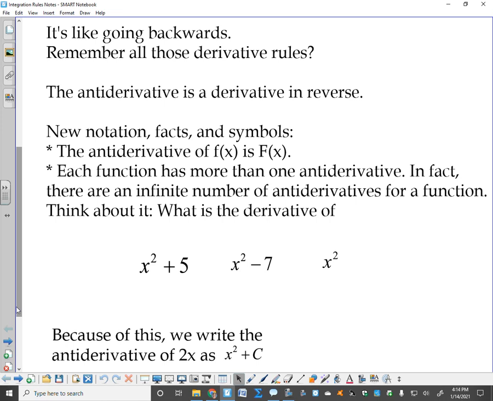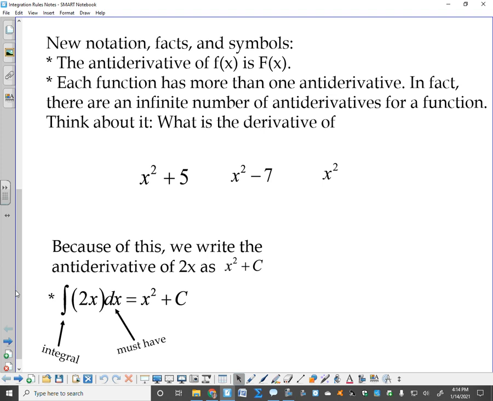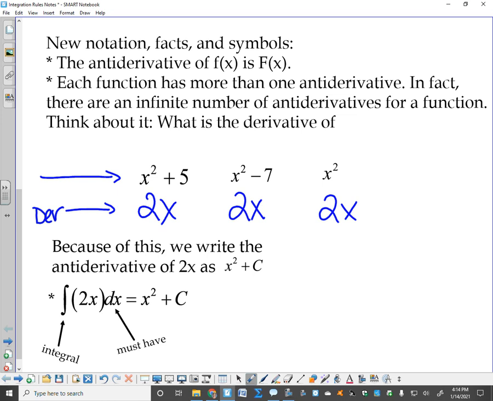Think about it. What's the derivative of x squared plus 5? That would be 2x. X squared minus 7 would also be a 2x. X squared, 2x. So this was the original function, and this is the derivative. Okay, well now I'm going to go backwards.